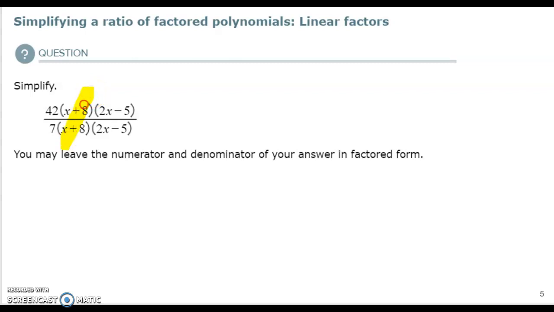That's like saying an x over x simplifies to 1. So x plus 8 over x plus 8 simplifies to 1. 2x minus 5 over 2x minus 5 simplifies to 1. Then we have 42 over 7. If I divide both of those by 7, this equals 6 over 1, or just 6.